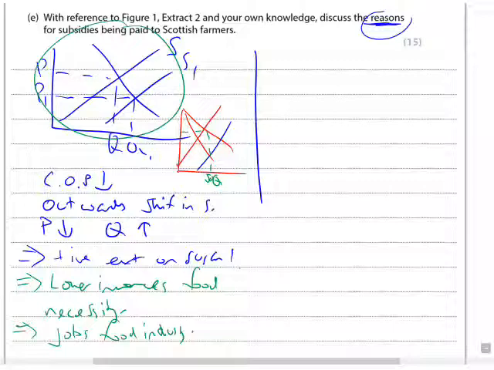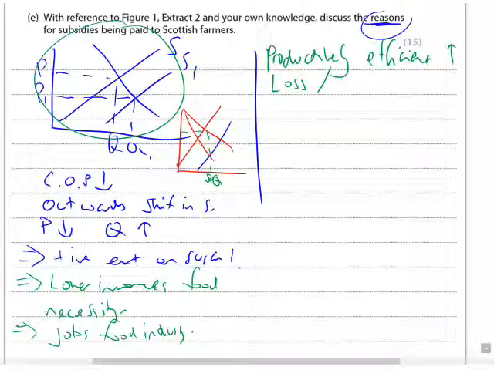Okay. Now it does mention that free market justification against it, so a good one to do here would be that the businesses are not efficient, or to be accurate, they're not productively efficient. And in that case they may be making a loss, or they may not increase quantity to the level that's expected, so there is an opportunity cost to the EU with whoever gets that subsidy of money that could be spent elsewhere.